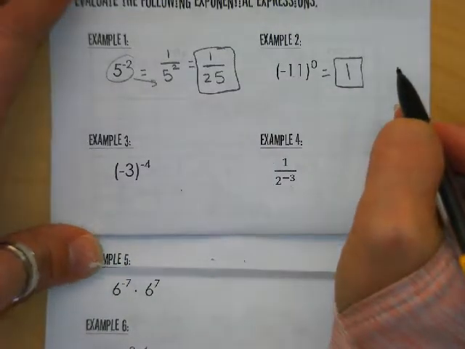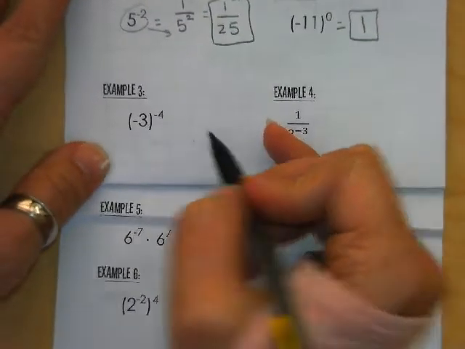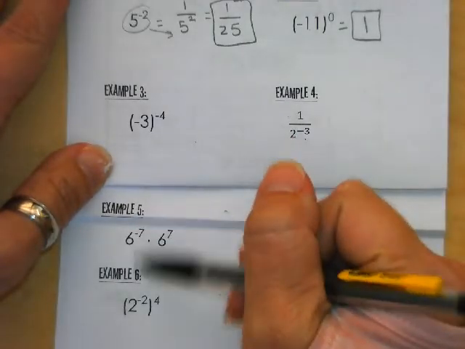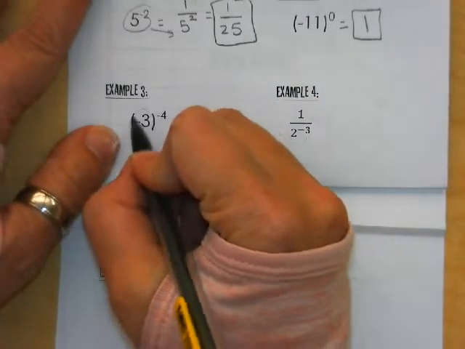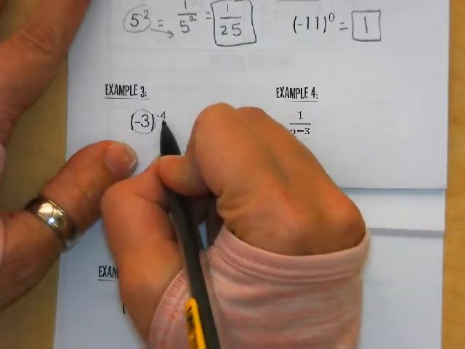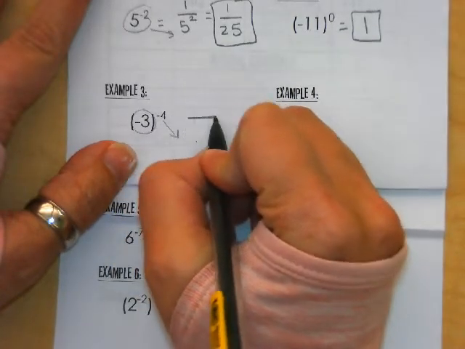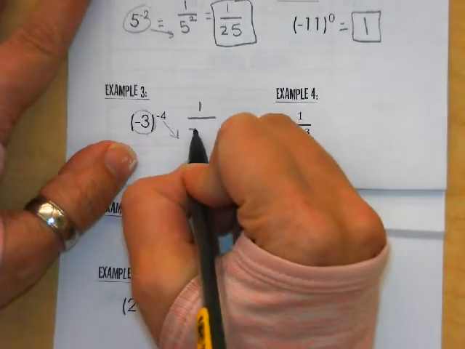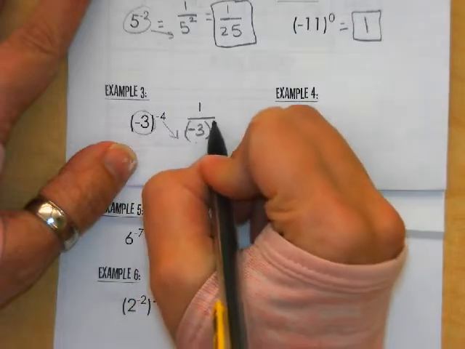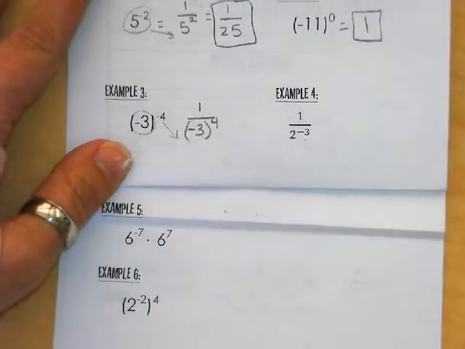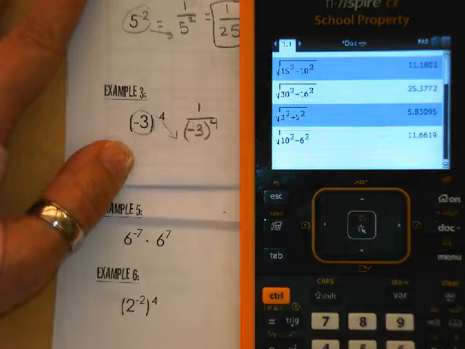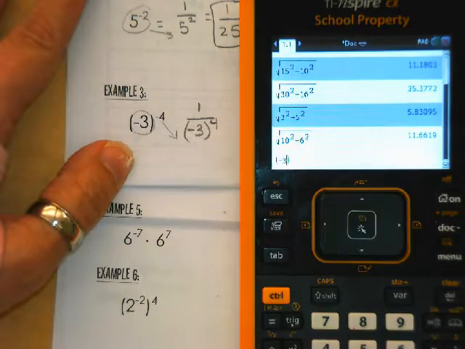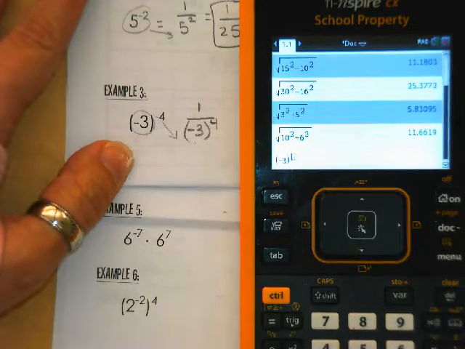So we're going to look at 3 and 4. I'm going to ask you to try 5, 6, and 7. But 3 and 4, now this base is negative. That doesn't matter. The only thing that matters is this exponent is negative. So it goes in the bottom. Now, when you do this in your calculator, it is extremely important that you put that -3 in parentheses.